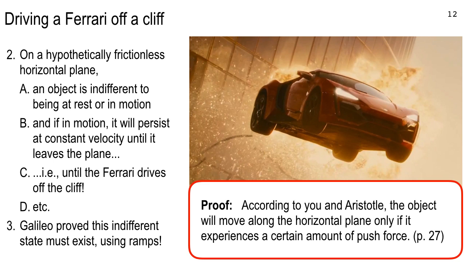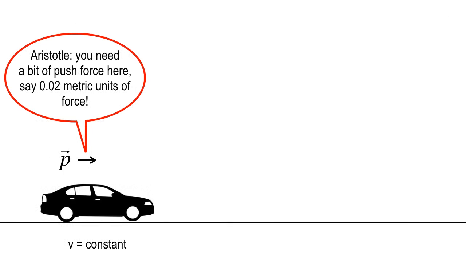Anyway, so starting with this premise that motion at constant speed requires a certain amount of push force. So here's an object. And here's what Aristotle says. You need a bit of push force here. Constant speed. All right, here's V equals constant.